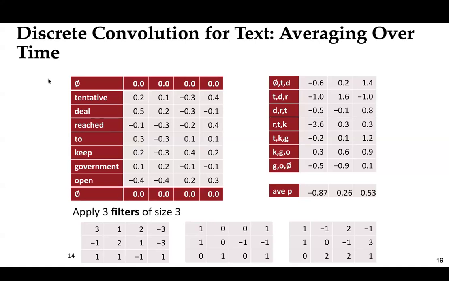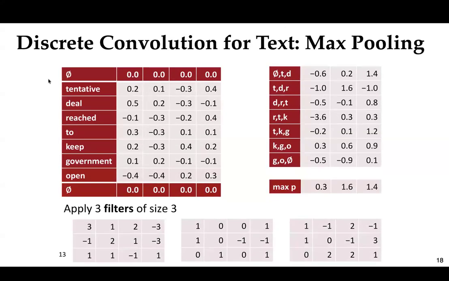The max is going to give you the most significant feature. So remember, what is this feature capturing here? It's capturing the convolution for a given window. So it says to you, for this filter, the most significant window, like in the previous slide, we talk about the max, right? The most significant window was KGO, keep government open.